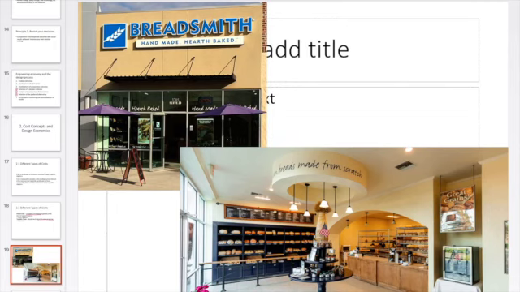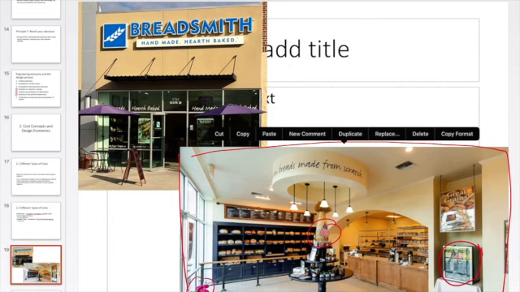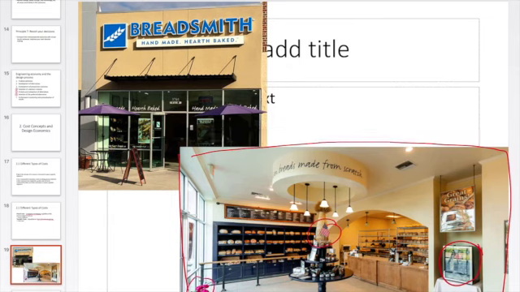Here is the inside of this bread shop. You can see that they have furniture, banners, a machine for the drinks, decorations, and of course they have products, the bread.